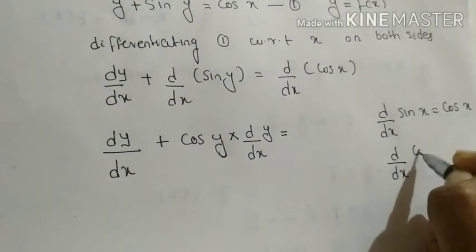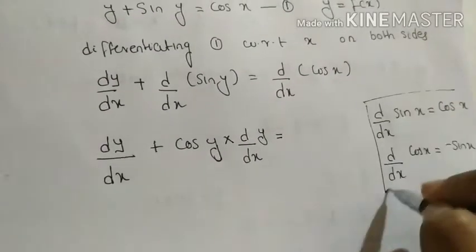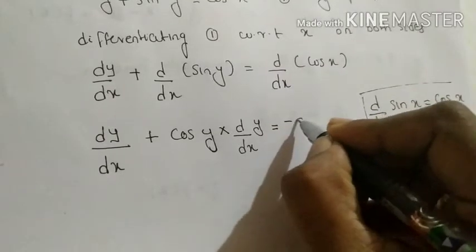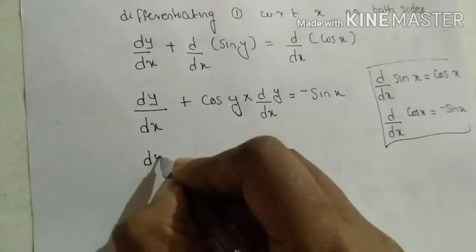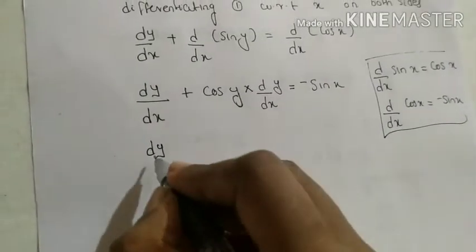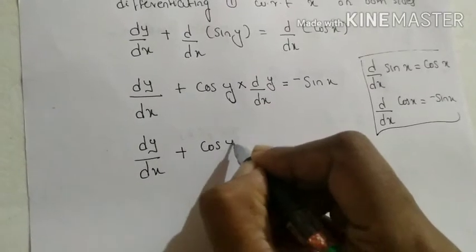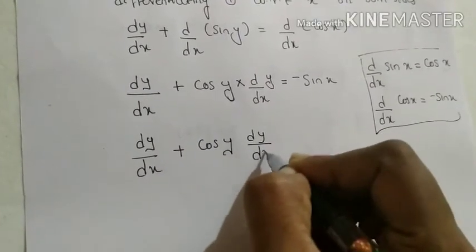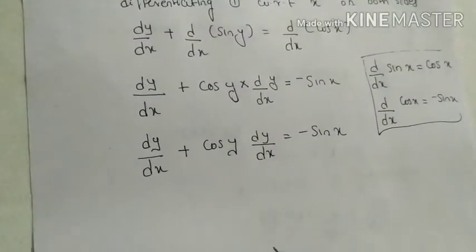The derivative of cos x is minus sin x. So write this answer here, we get minus sin x. Okay. So rearranging this equation, we get dy by dx plus cos y dy by dx equal to minus sin x.